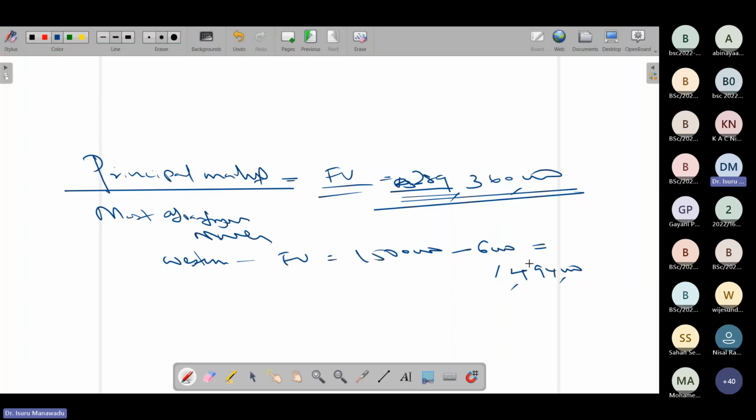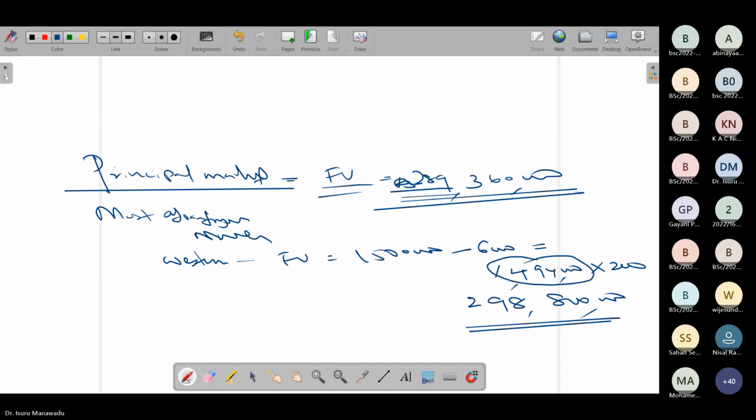This is the fair value of a tractor, multiplied by 200, 298,800,000. Right? So this is the fair value of that market.